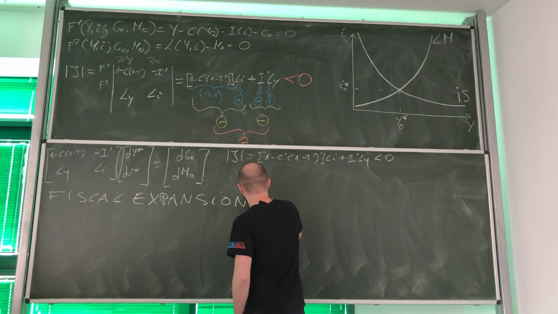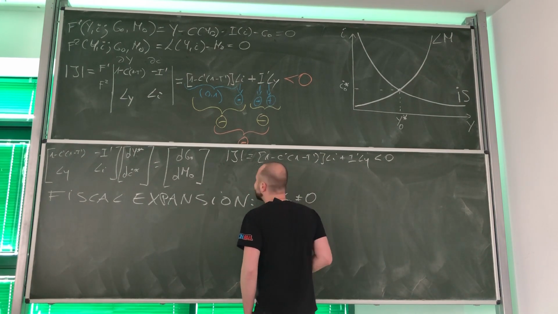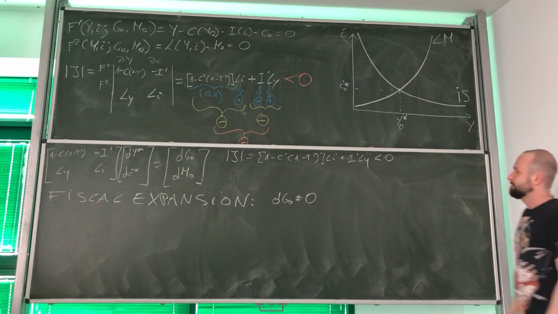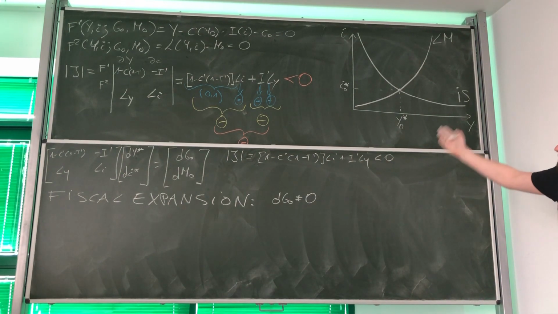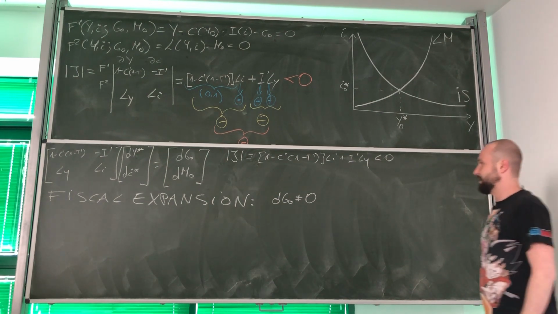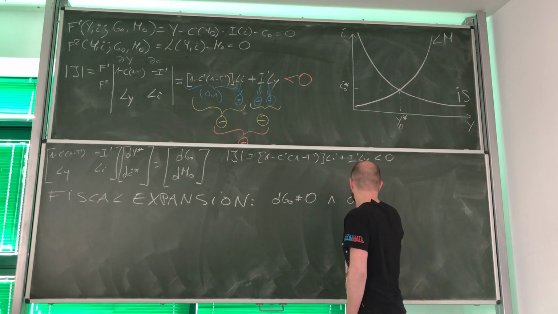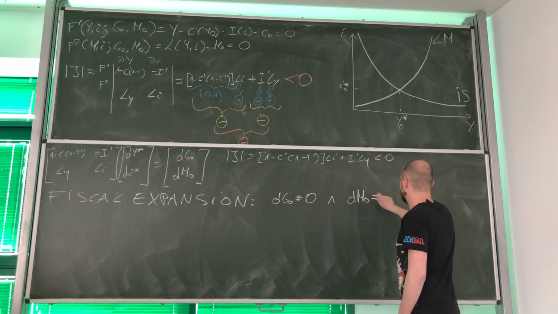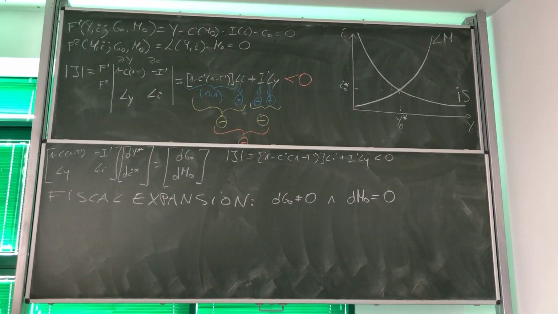Well, I should assume that G0 is different than 0. Right? Government increases the level of spending. However, at the same time, I must assume the central bank is doing nothing.